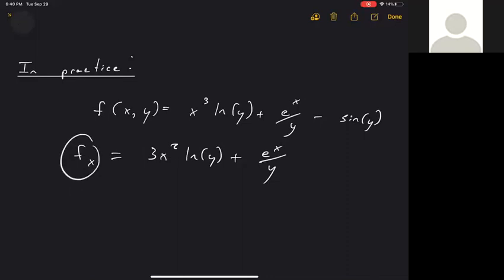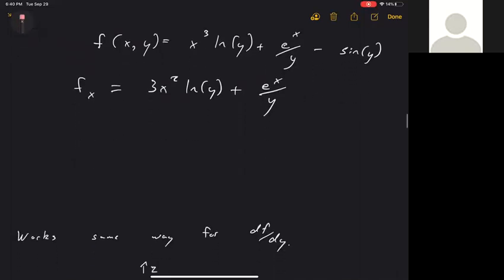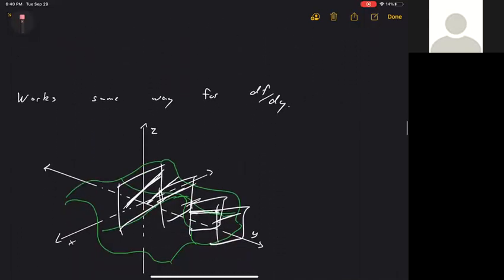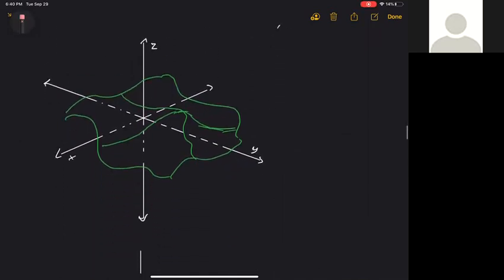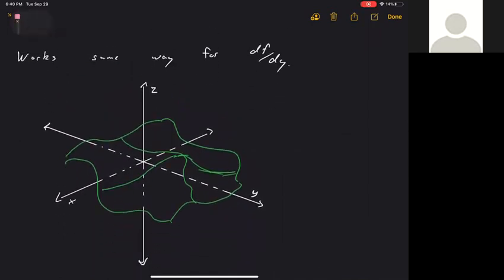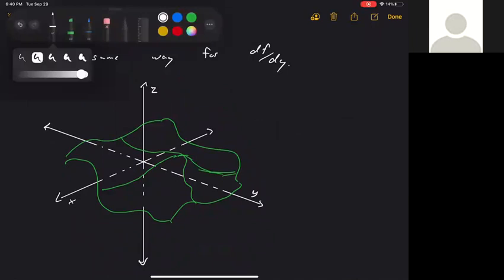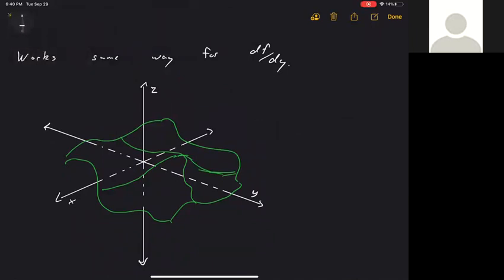Now, as you might have guessed, everything works the same for the y direction, except I hold x constant. And that's going to be the punchline. So again, I have this surface, and I'm considering the partial derivatives with respect to y.